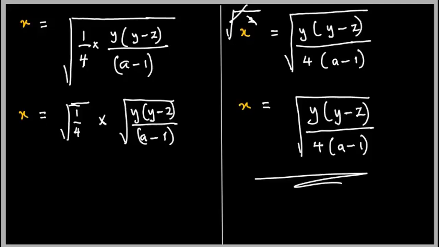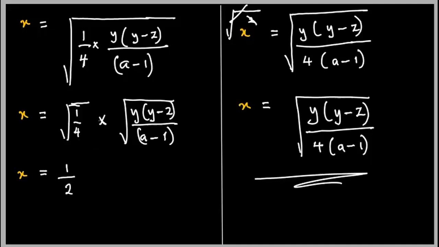So finally, for 1 over 4, what is the square root of 1? It's just 1, over the square root of 4, which is 2.